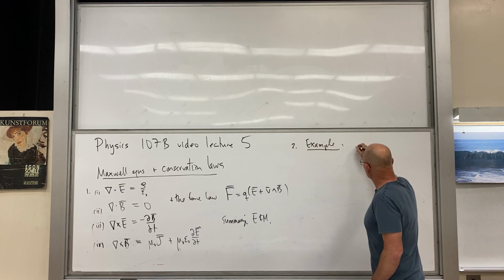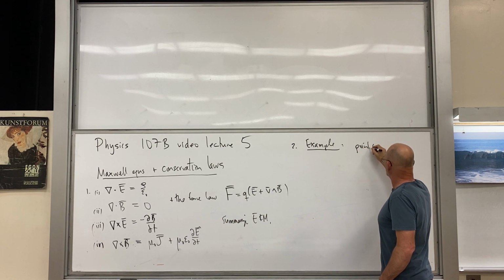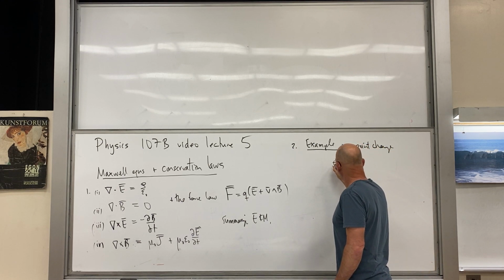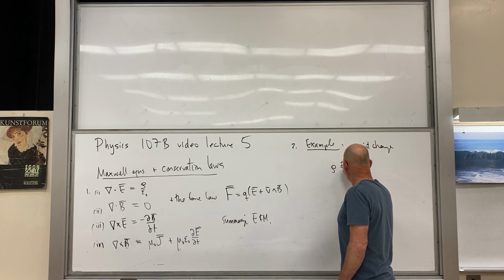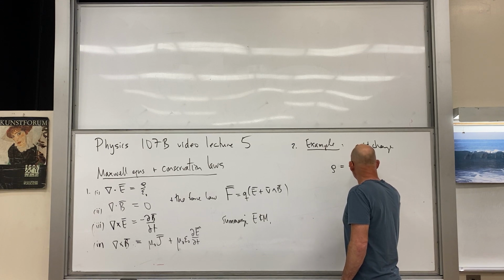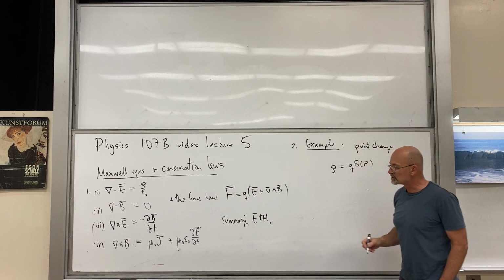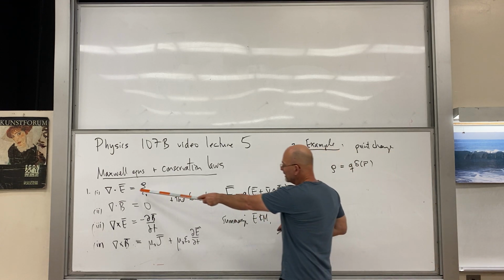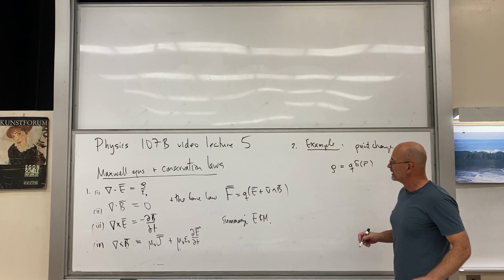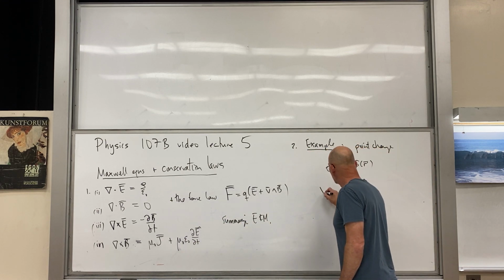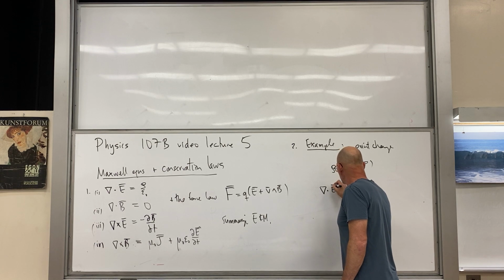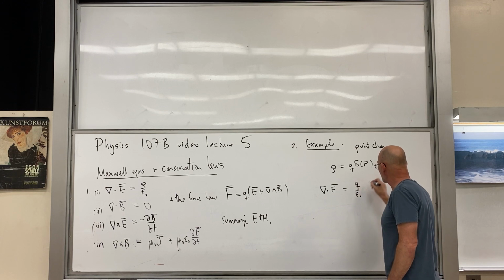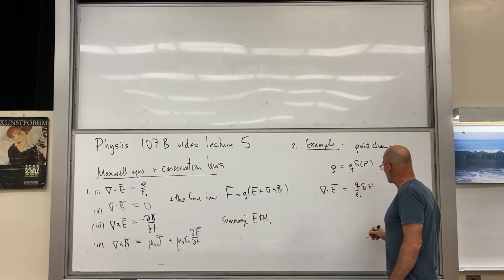We take a point charge, so we have density equals Q delta of r. Then we would have this law right there, divergence of E would be equal to Q over epsilon naught delta of r.